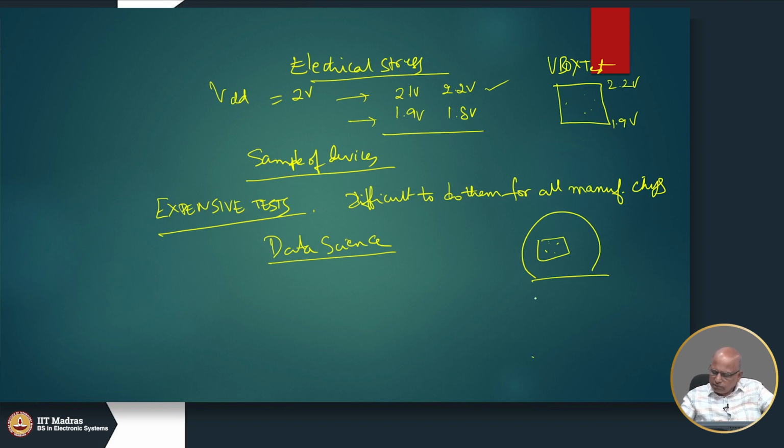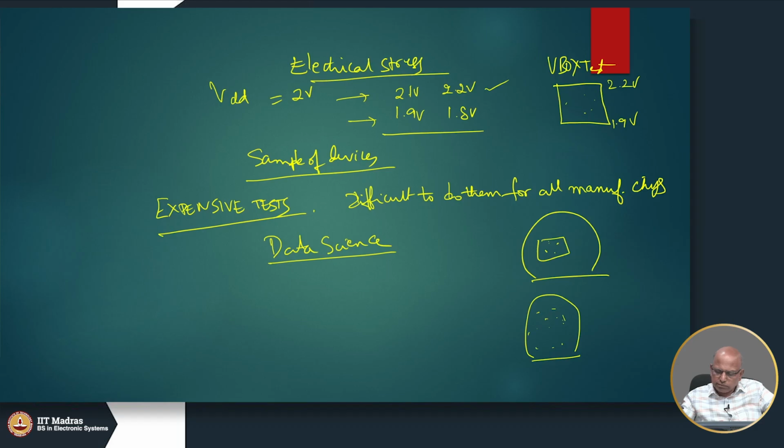If you take a wafer, there are wafer imperfections in the chip, there are impurities in the wafer, the polishing of the wafer may not be uniform, the thickness of the oxide may not be uniform across the chip.